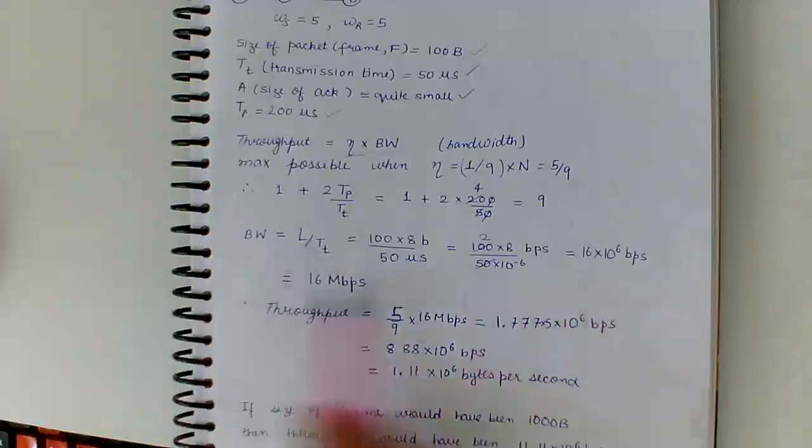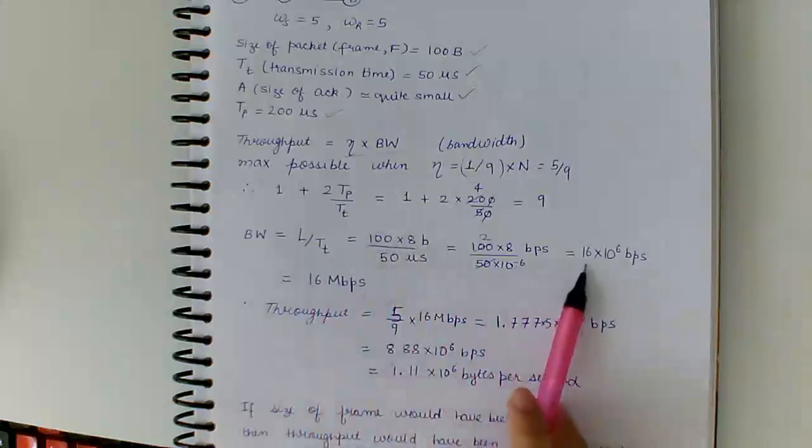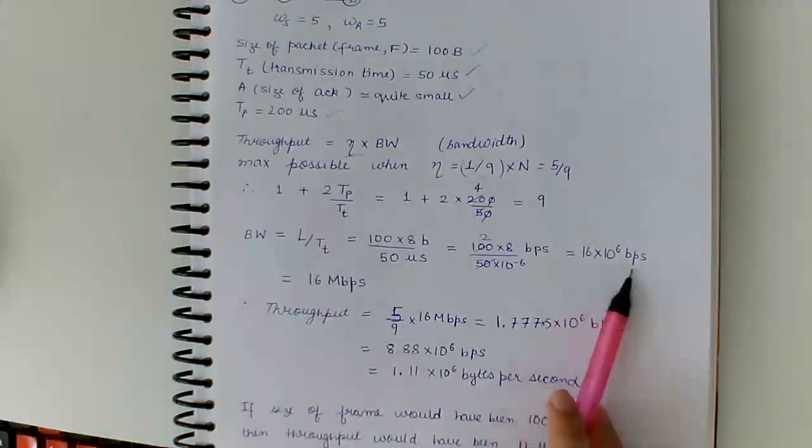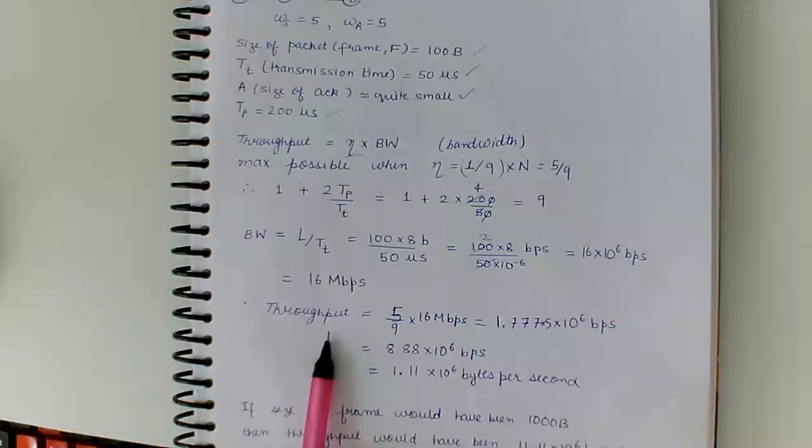So we calculate bandwidth as length of the transmission line divided by the transmission time, that is 100 bytes divided by 50 microseconds, which gives us 16 into 10 to the power 6 bits per second, that is 16 Mbps.